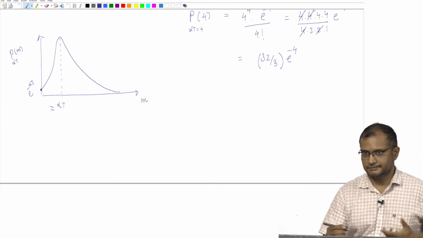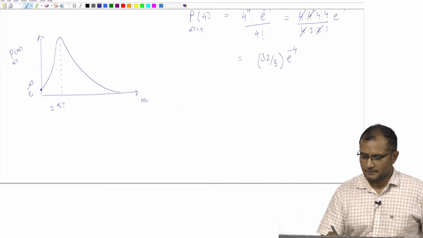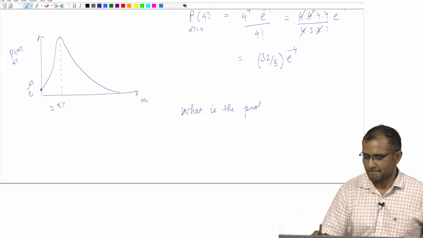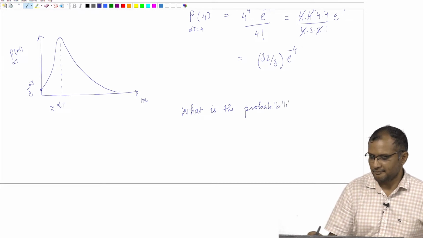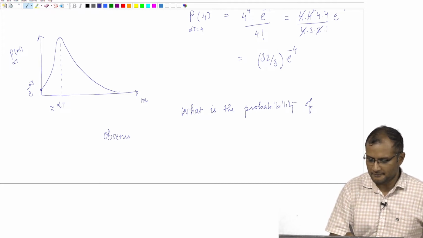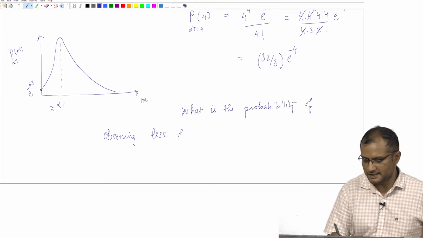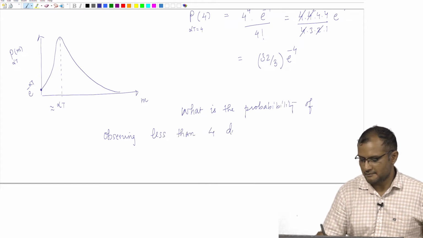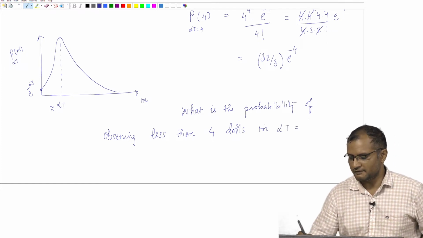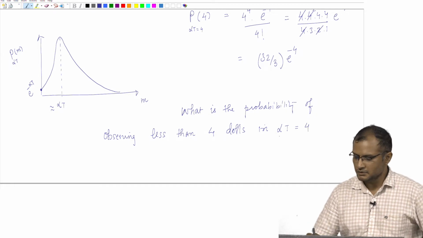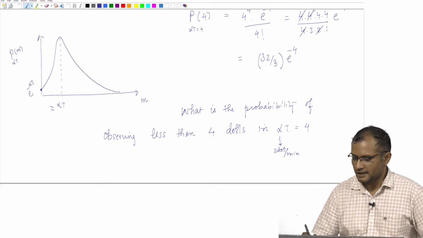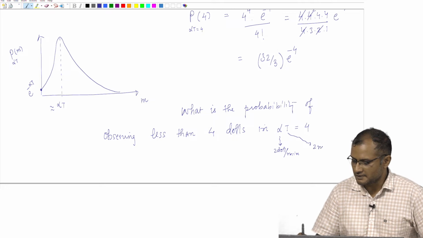So, you may also ask in connection to this what is the probability of observing less than 4 dolls in the same interval of 2 minutes where alpha t becomes 4. So, this rate is 2 dolls per minute and my observation time is 2 minutes.